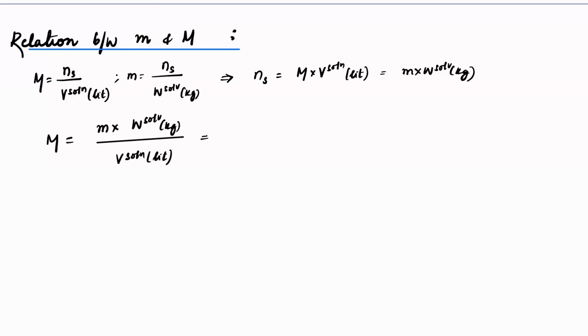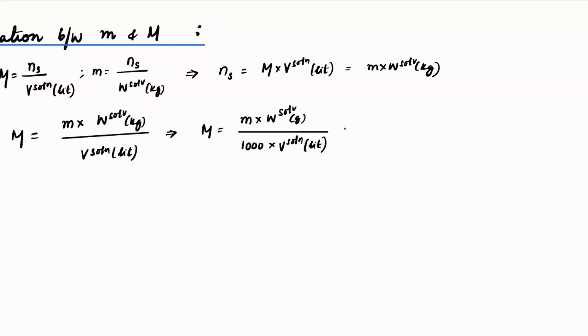First, we can write M equal to small m times weight of solvent in grams. The minute I put it in grams, that 1000 will come into the denominator, and volume of solution in liters I'll keep in liters only. It will be useful going ahead. So this 1000 times M will be equal to molality times weight of solvent. Now I can write it as weight of solution in grams minus weight of solute.